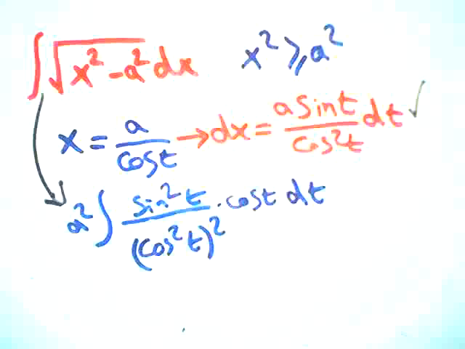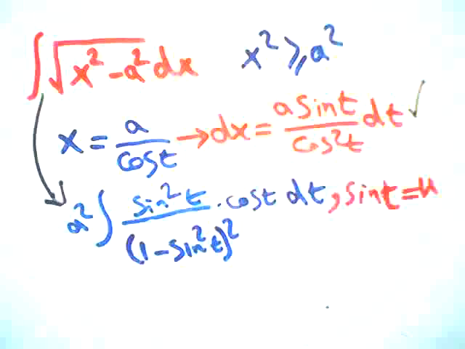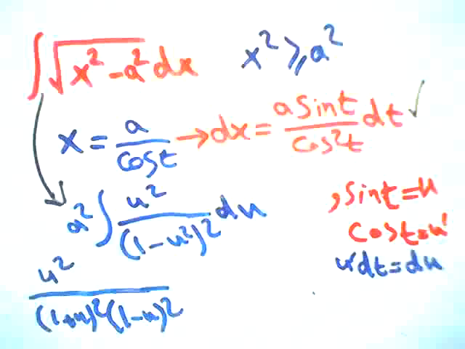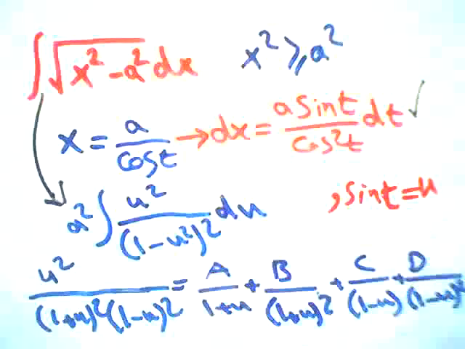Also cosine squared inside as 1 minus sine squared. Taking sine of t as u finally takes us to this integral, which could be done using the partial fraction decomposition like this.